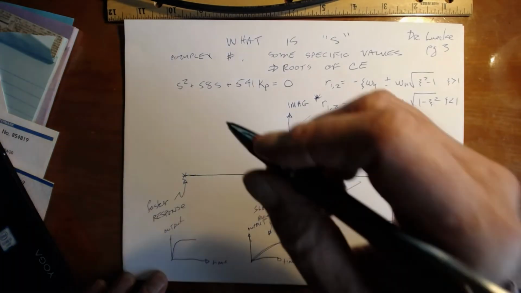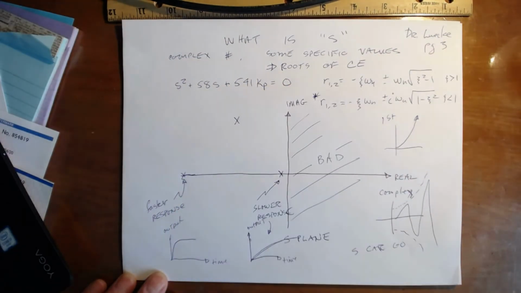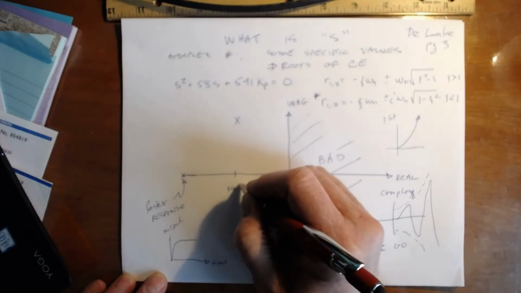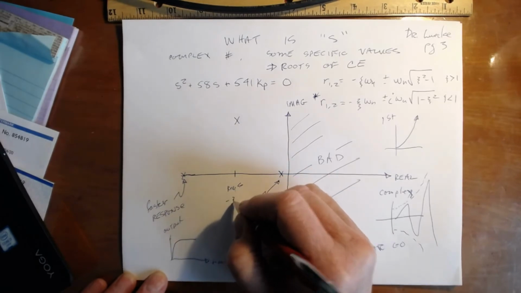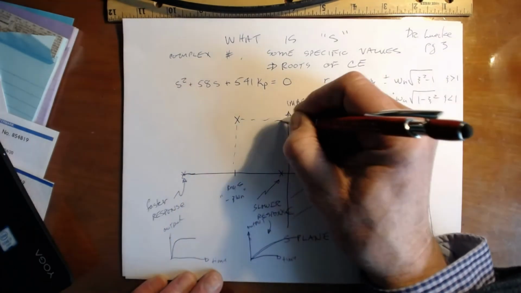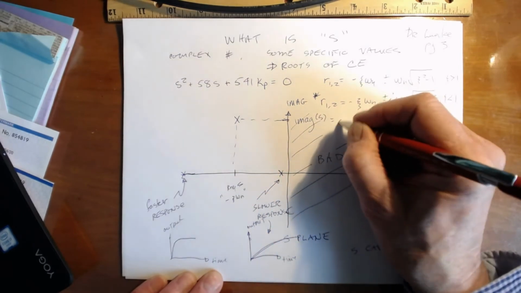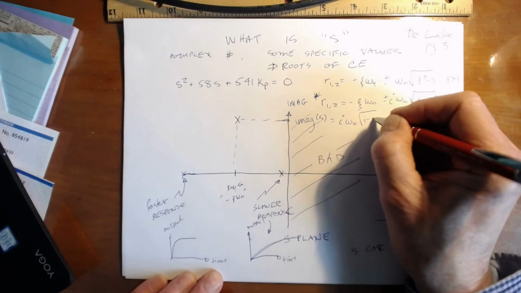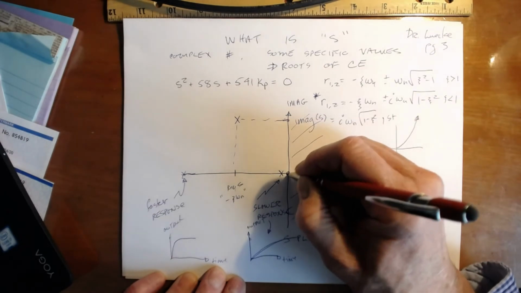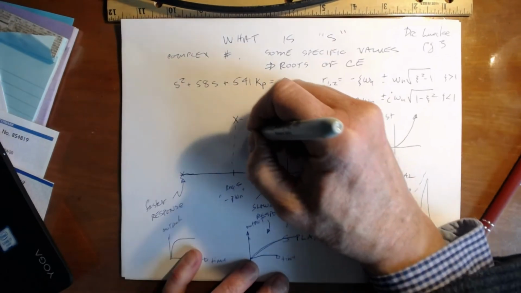Now, anytime there happens to be a root in this spot, this is the complex plane, so this is the real part of s, which is minus zeta omega n. We know what that is. And this one is the imaginary part of s, which is equal to i omega n square root of 1 minus zeta squared. It turns out that we can just draw a vector from the origin to this point in the s-plane.